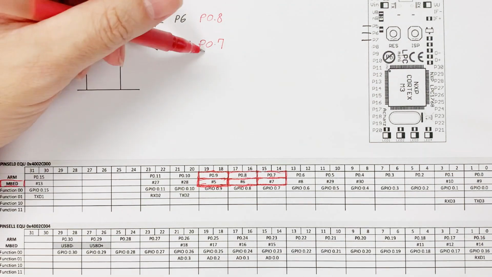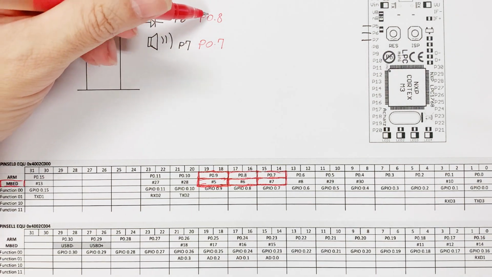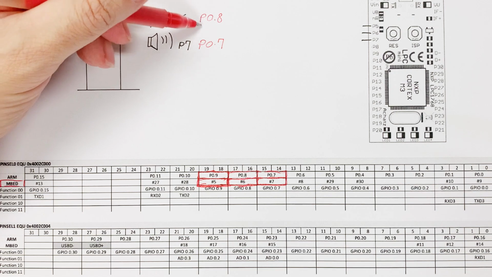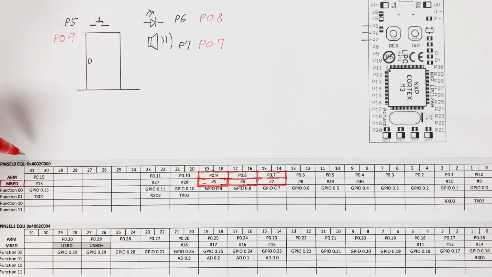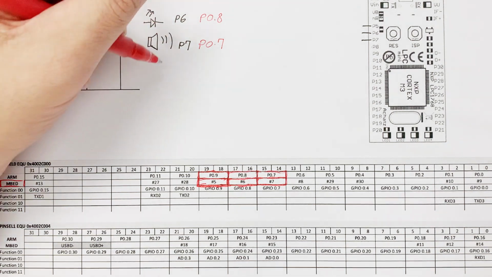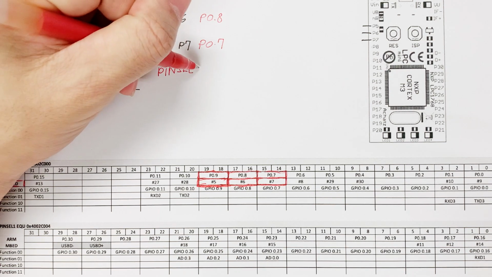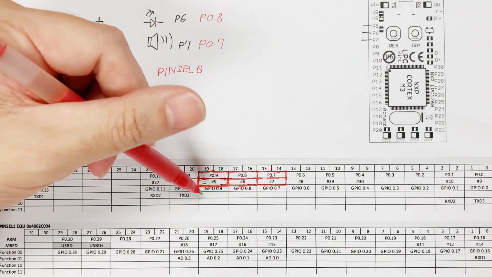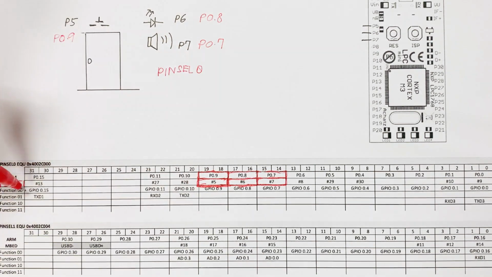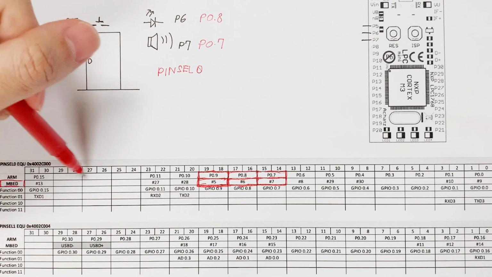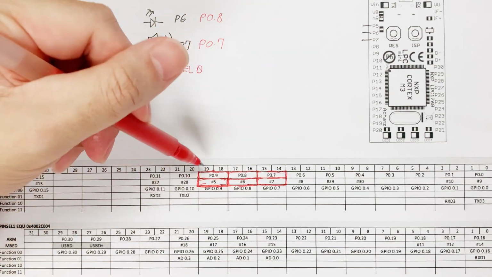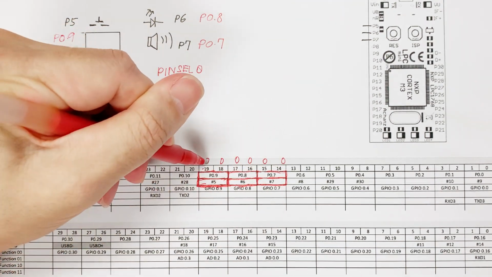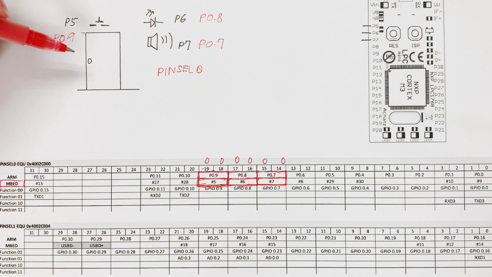And since all the pins we chose are located at port 0 in the ARM processor, we only need to set the value for pin select 0. Also, since all the inputs and outputs are using the GPIO function, which is bit function 00, all the values from bit 14 up to bit 19 should be 0.